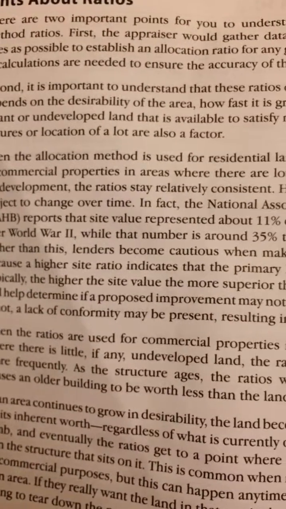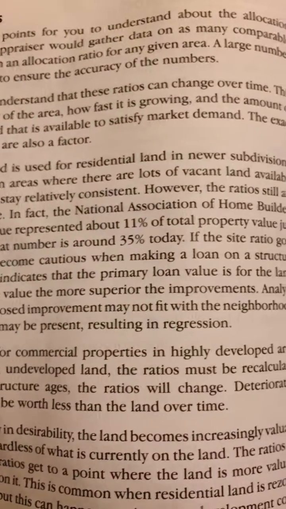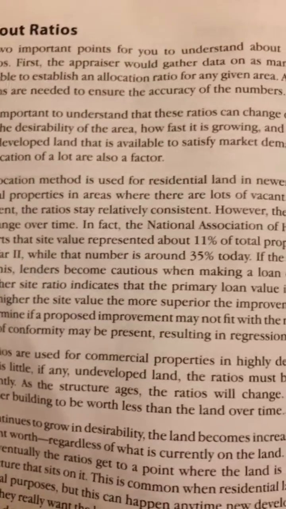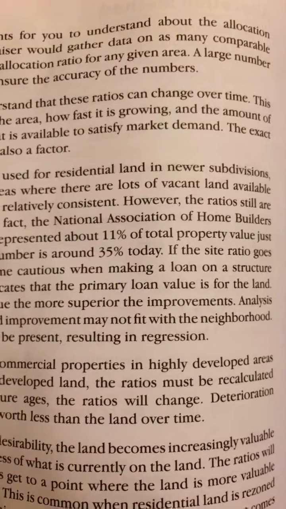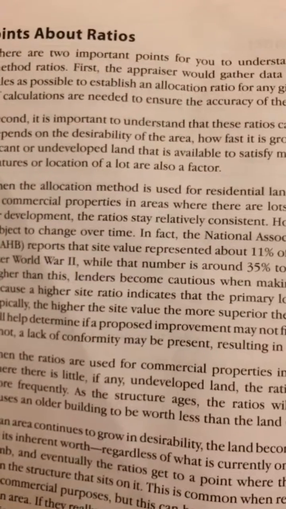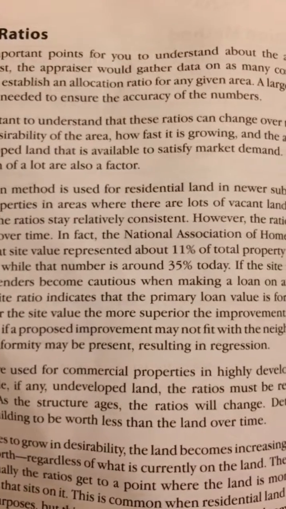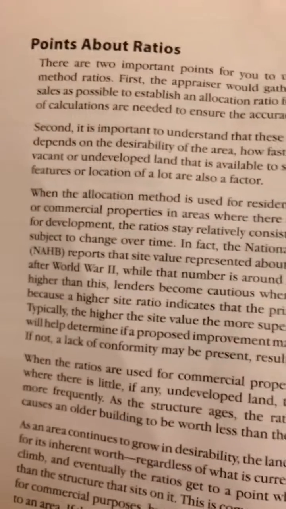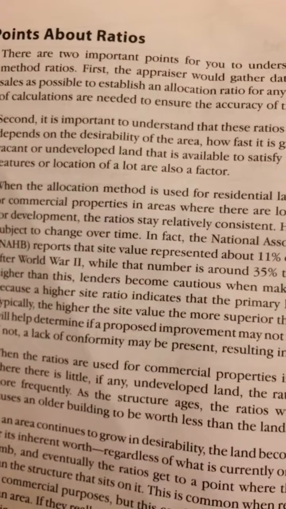When the allocation method is used for residential land in newer subdivisions or commercial properties in areas where there are lots of vacant land available for development, the ratios stay relatively consistent. However, the ratios still are subject to change over time.